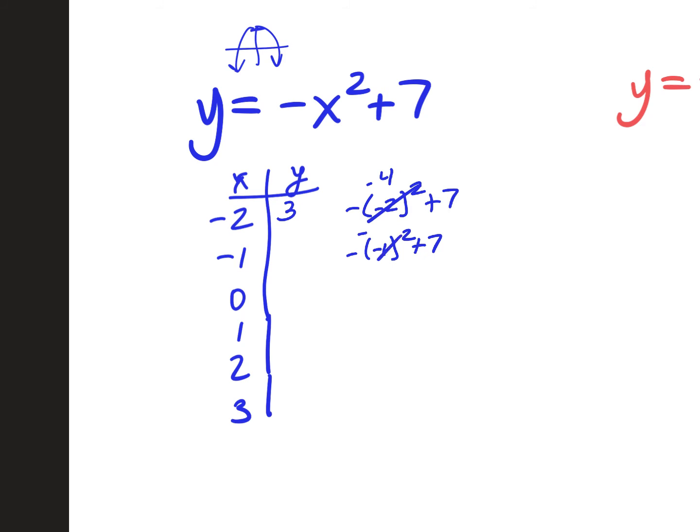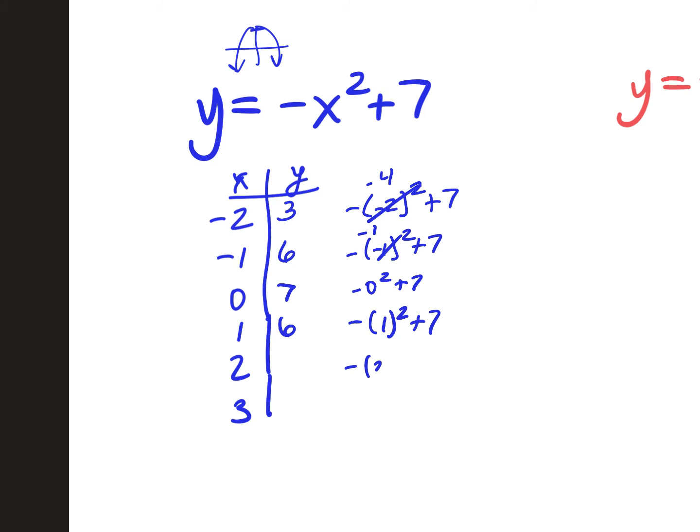So then I have the negative out in front. So negative 1 plus 7 is 6. So now I'm going to plug in 0. What's negative 0 squared plus 7? 7. Now I'm going to plug in 1. I have negative 1 squared plus 7. I'm squaring 1, which is what? Then I make it negative. So negative 1 plus 7 is 6.